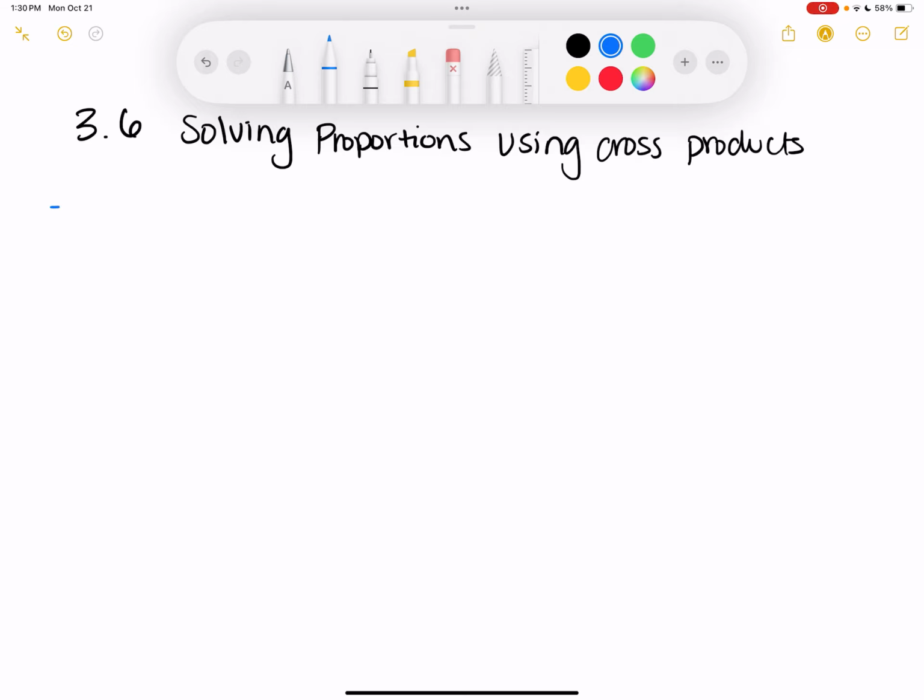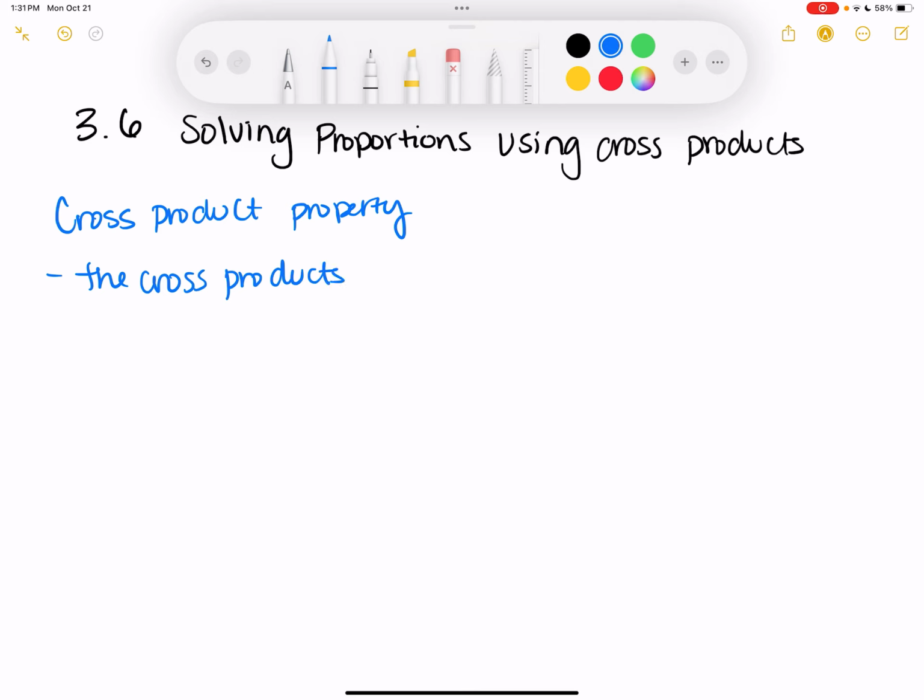So something to note about the cross product property. The cross products of a proportion are equal.